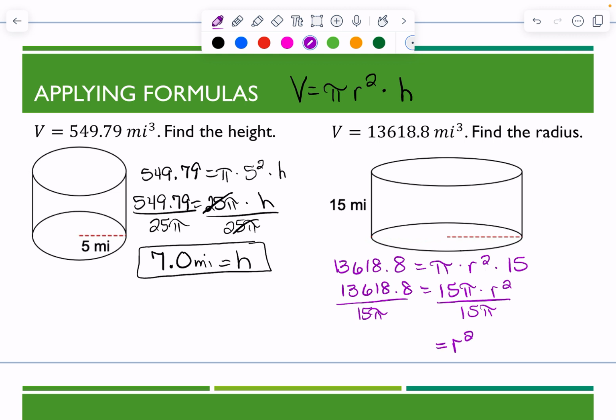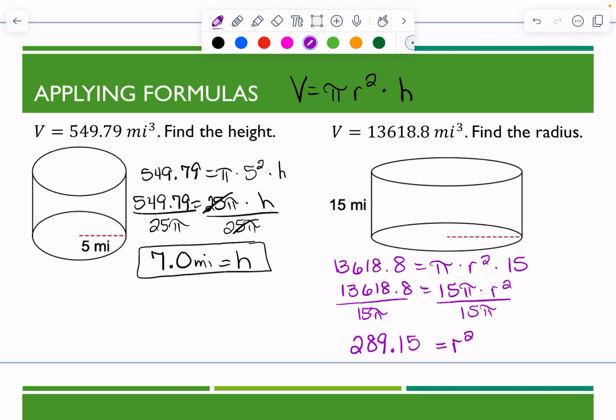equal to, and again, take your calculator: 13,618.8 divided by 15 times 3.14. And we end up with, let's go to two decimal places, 289.15.